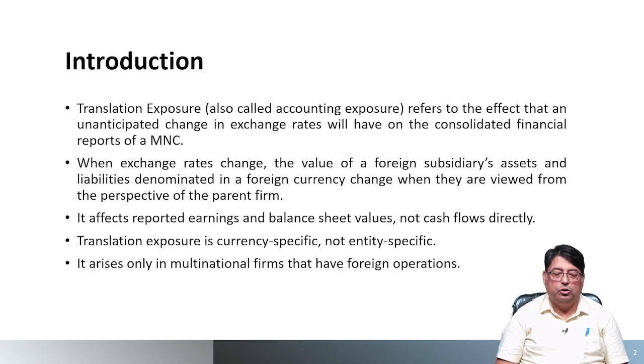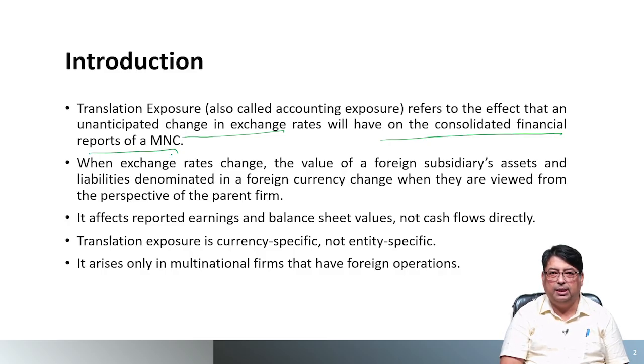All these are uncertainties which may exist in the future. That is why this kind of exposure is called translation exposure. Translation exposure, as I said, is also called accounting exposure. It refers to the effect that an unanticipated change in exchange rates will have on the consolidated financial reports of an MNC.